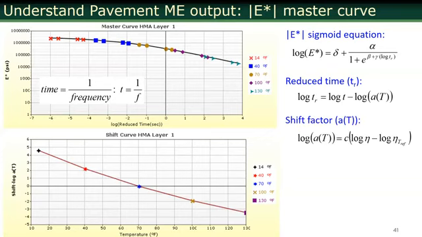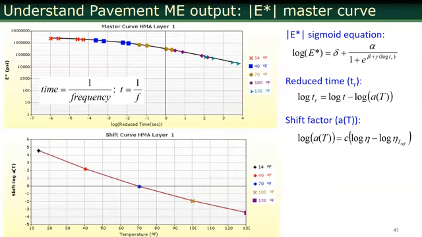Now, how do we get the shift factor? Pavement ME uses a special technique. Normally, in normal circumstances, you don't need any other data to shift. You go to your lab data, you start shifting manually, and then you come up with the shift factor. But pavement ME does it in a different way, I believe to simplify the shift factor equation.